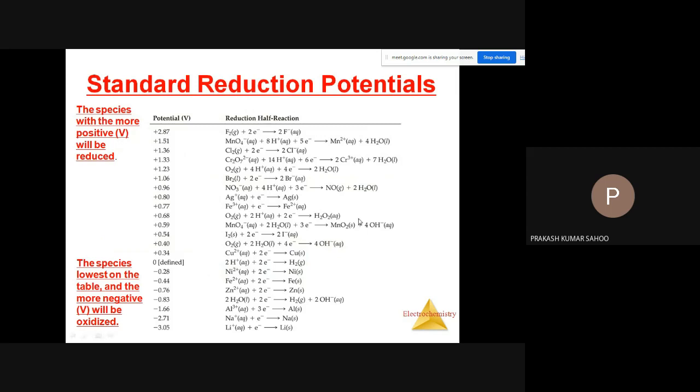Then, this is a standard reduction potential. Just see, students, here fluorine is at the top.